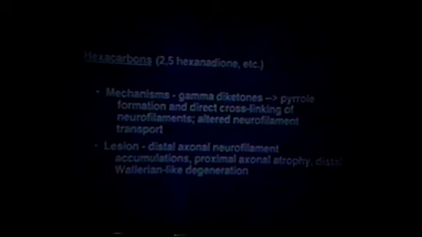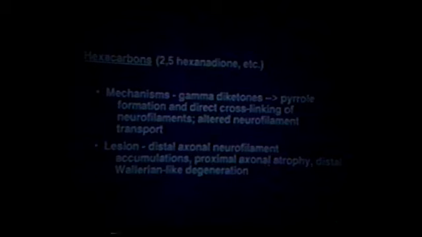These produce an abnormal cross-linking of neurofilaments, and they alter neurofilament transport. What one sees then is distally you get abnormal masses of neurofilaments, these intermediate filaments of the axon, accumulate distally. There is a proximal axonal atrophy, again, because of some alteration in neurofilament transport.